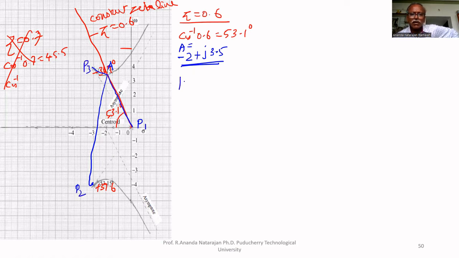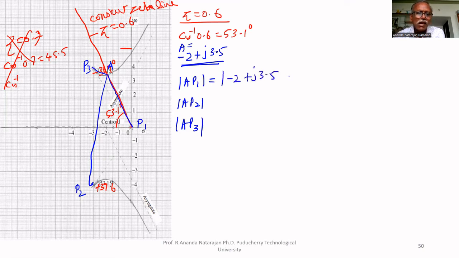Now we have to find the modulus of AP1, modulus of AP2, and modulus of AP3 to find K at A. So AP1 equal to modulus of minus 2 plus j3.5 minus P1, the pole at minus 3 plus j4.